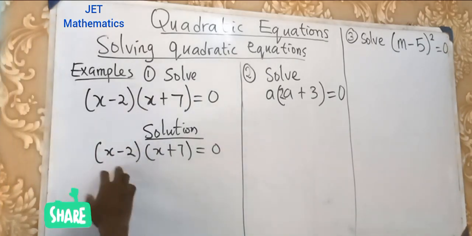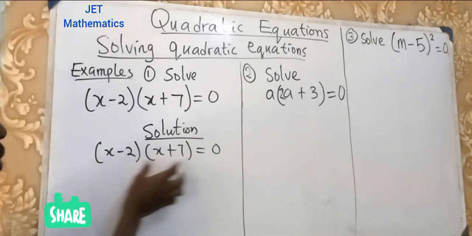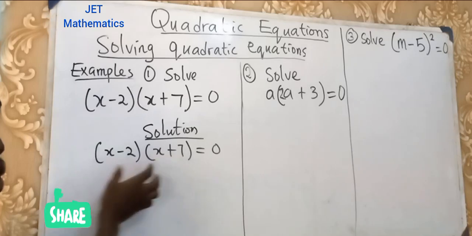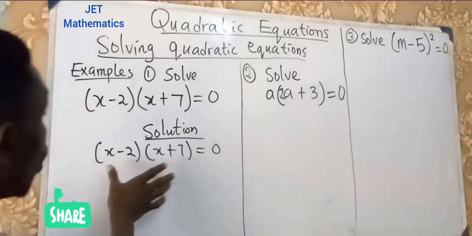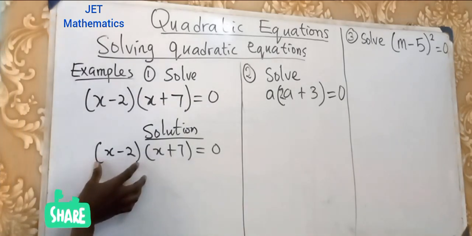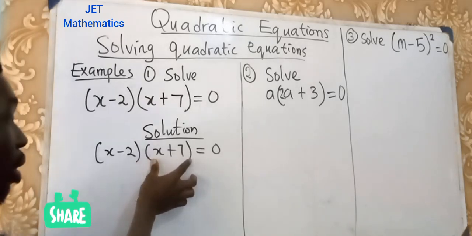So this is a quadratic equation which has been factorized into two linear factors, and this is the product of the factors. So for this equation to be equal to 0, it means either this linear factor is 0 or this other linear factor is 0.